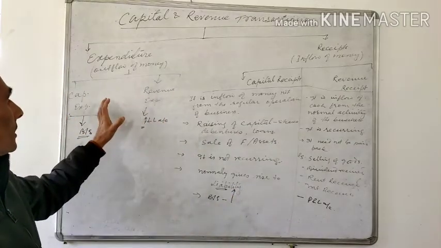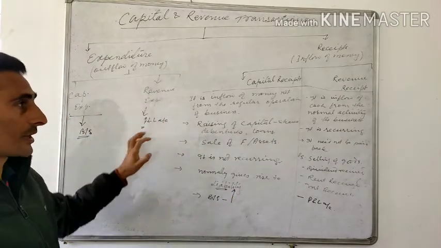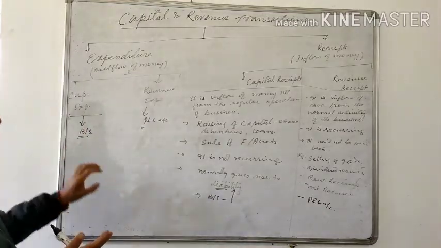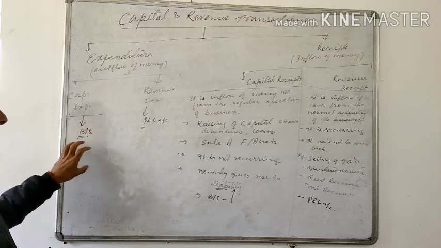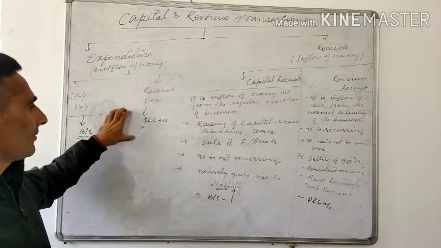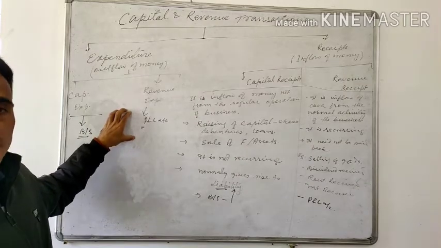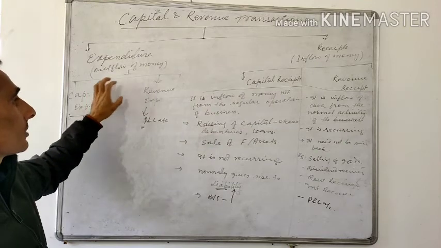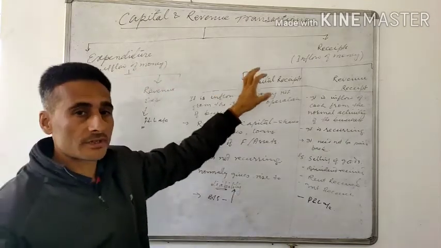So if the difference between the two is not known, then there will be a mistake with regard to the value of assets and liabilities, and it will also affect the profit and loss of the business, right? So these are the different kinds of expenditure and receipts.